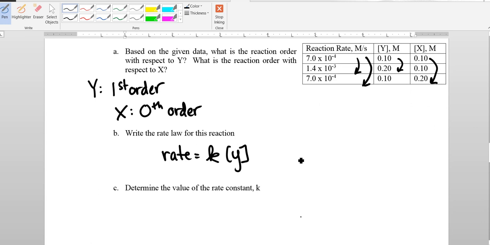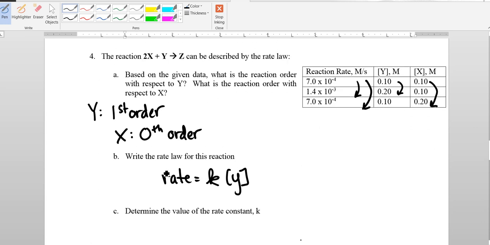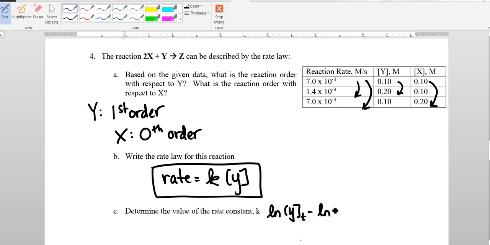All right, so now let's determine the value of the rate constant k. Again, I've got two options. I can use my rate law, or since I know it's first order, I can also use my integrated rate law, which would be the natural log of Y sub t minus the natural log of Y sub 0 equals negative kt. You have to ask yourself, what info am I given?